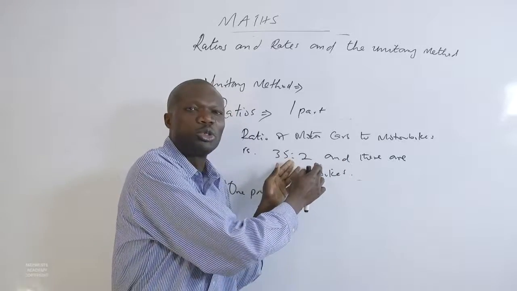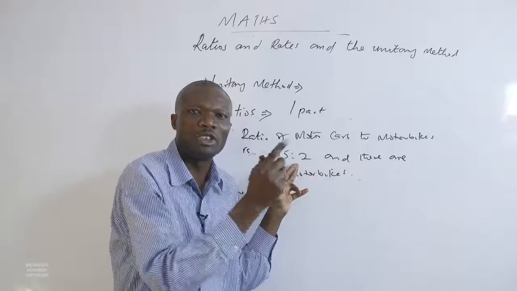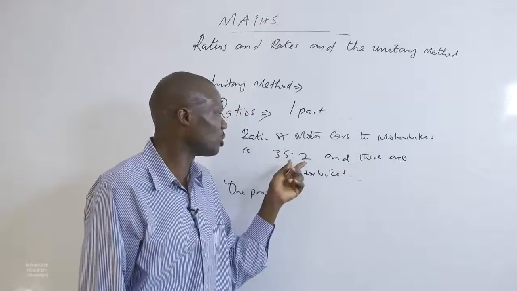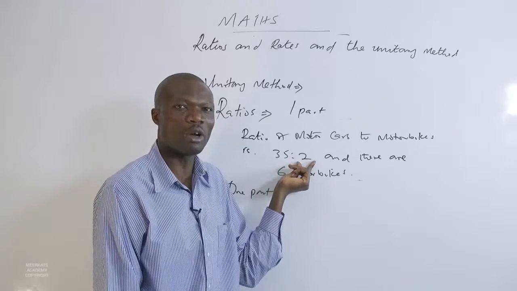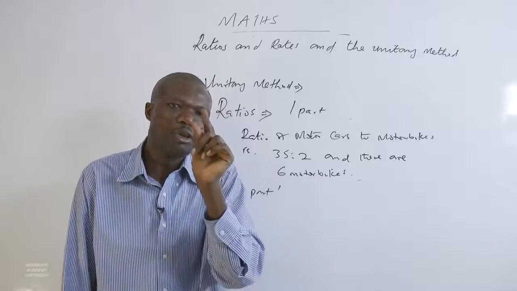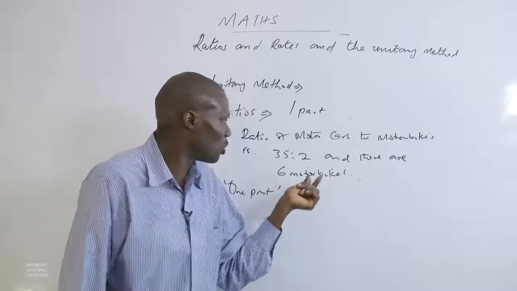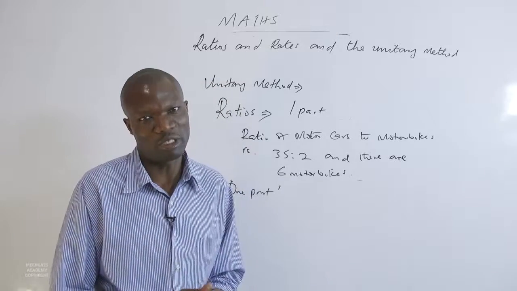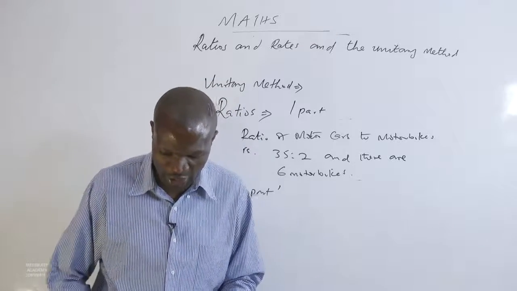These 35 to 2, these are 2 parts on the motorbike side. It is not one part. Therefore, we must get what one part is. And one part here will mean we divide by 2, because 2 parts is how many motorbikes? 6 motorbikes. So we are saying this.